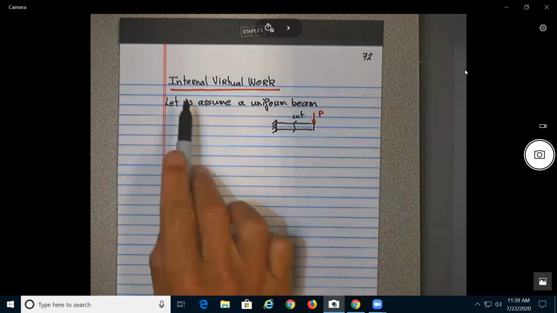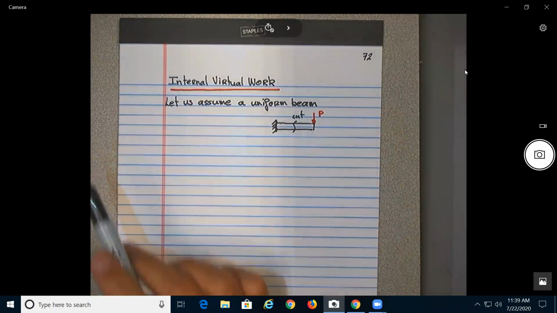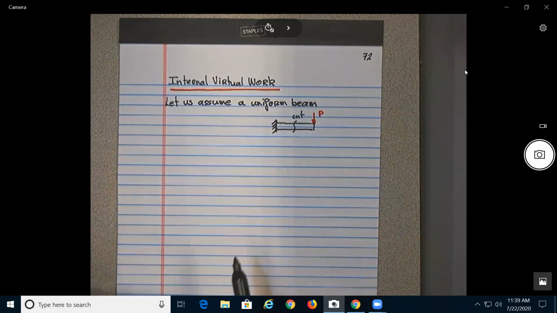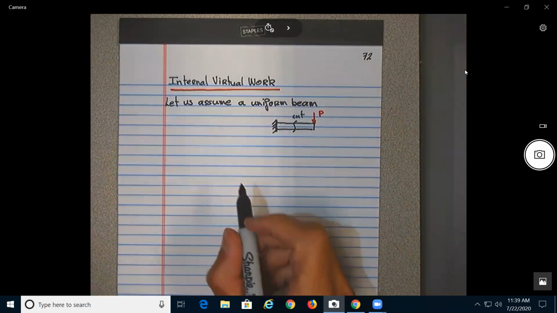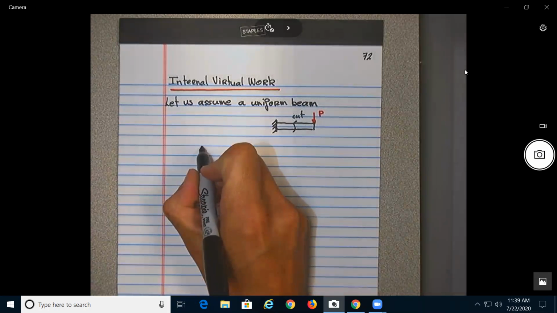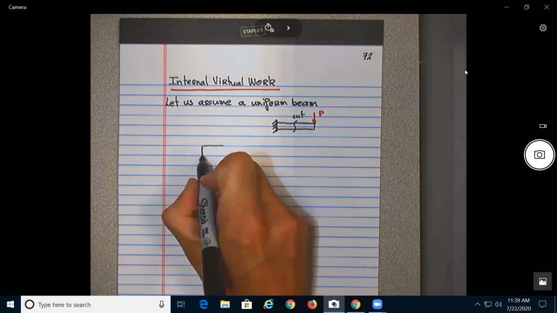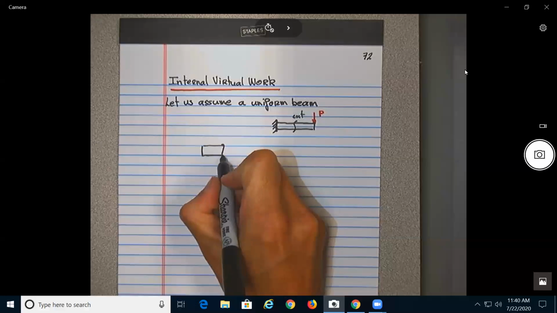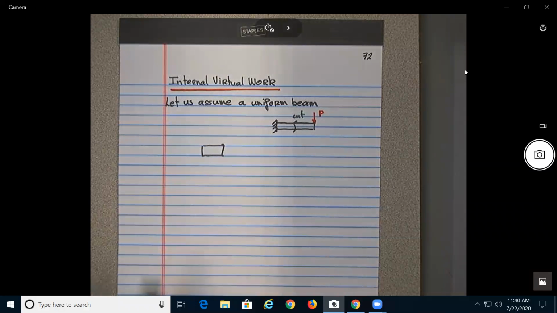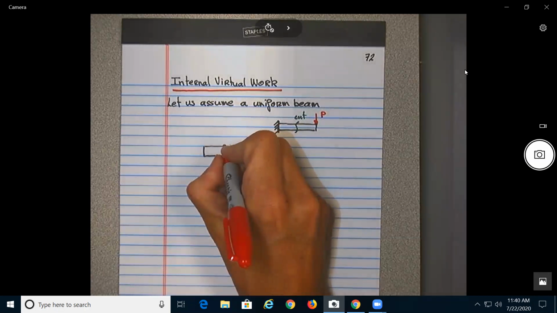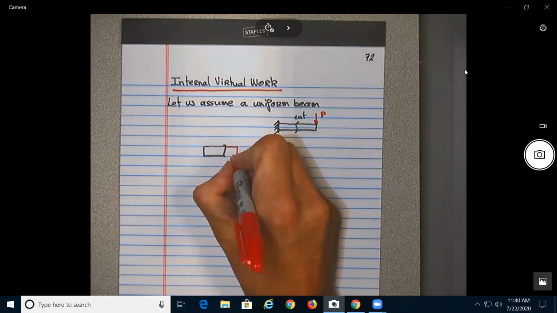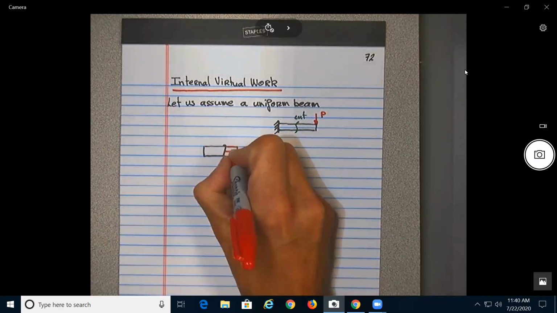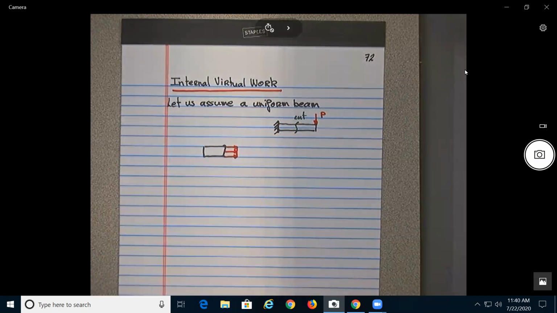Okay, so this is internal. By the term internal, I'm referring to internal actions that happen within the beam. Now if I take that element at the cut, then due to the external load you're going to have some stress, okay?